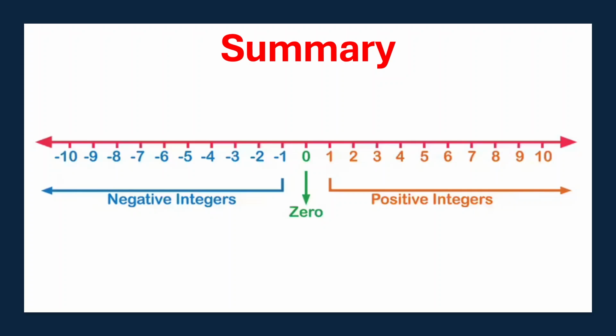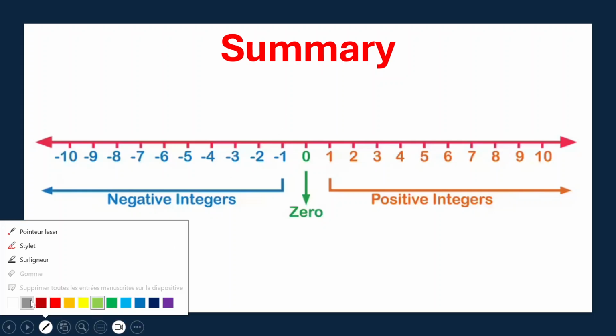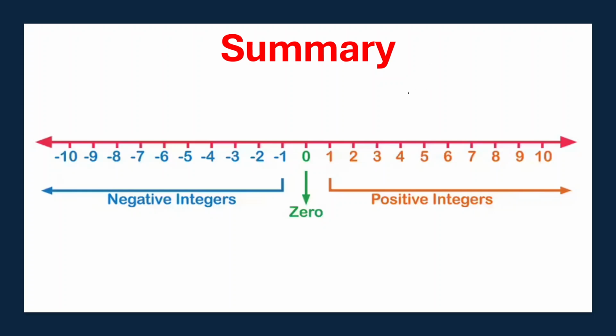So to summarize this video, to compare numbers, positive numbers are always greater than negative numbers. For example, 2 is positive, is greater than negative -3, and is also greater than 0. Okay, so 4 is greater than 0, or 0 is less than positive numbers, for example, 0.8.